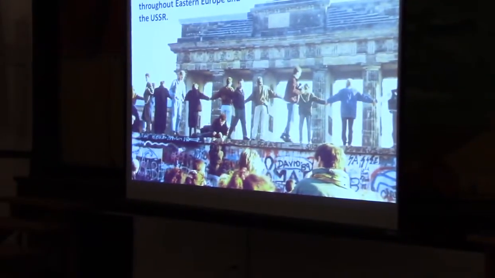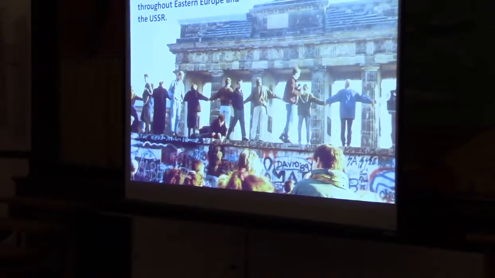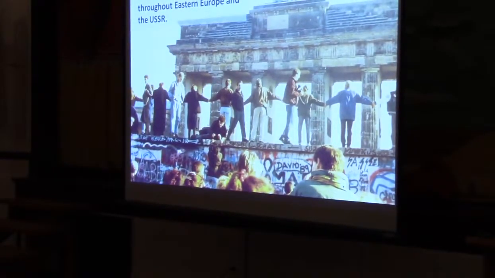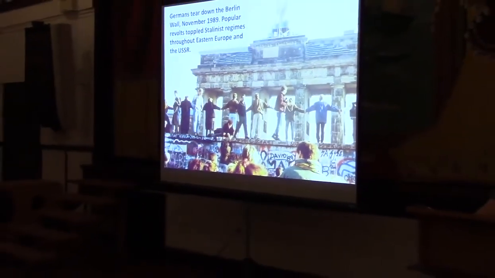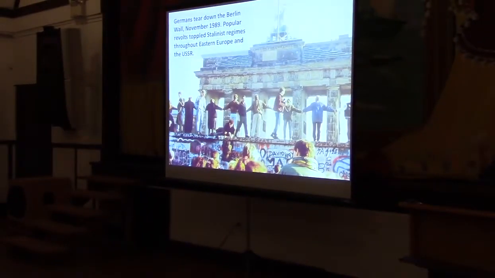And by the end of the 80s, there is a tremendous wave of popular rebellions, upsurges, revolutions, whatever you want to call them, in country after country of the Eastern Bloc, of the so-called communist bloc, and the overthrow of these Stalinist regimes, and the collapse and end of the Soviet Union itself.